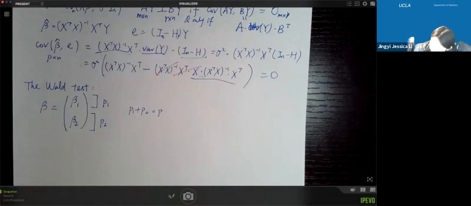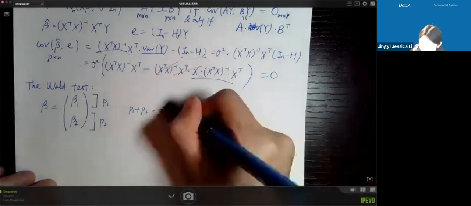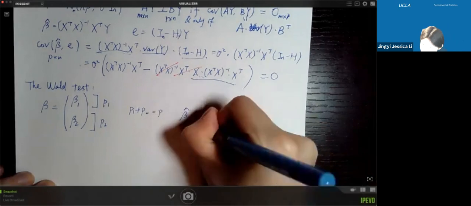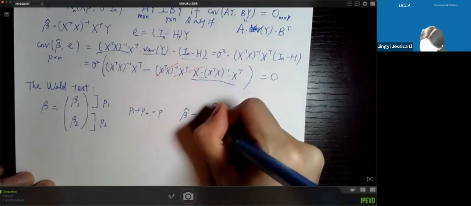Accordingly, I can write my OLS estimate as beta 1 hat, beta 2 hat.